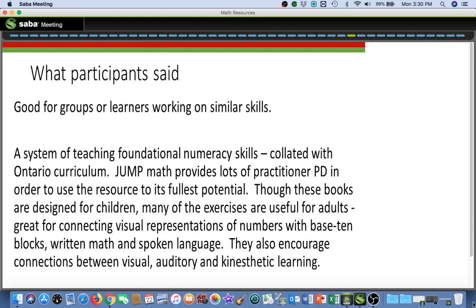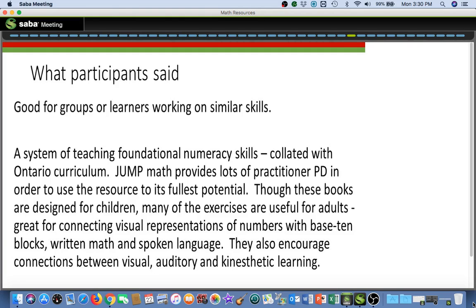This is what people said about that particular resource. Great for groups or learners working on similar skills, so group effort. I'm going to read this aloud because I think a person took a lot of time to type this, and it's rather profound. It's a system of teaching foundational numeracy, collated to the Ontario curriculum. It provides lots of practitioner professional development in order to use the resource to its fullest potential.